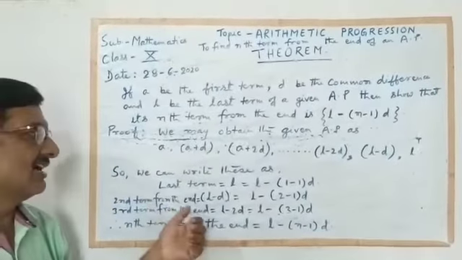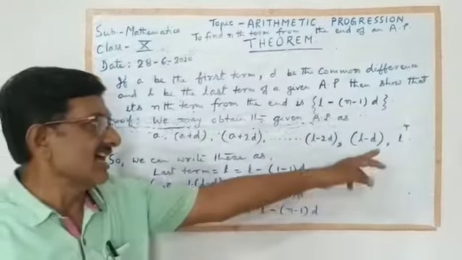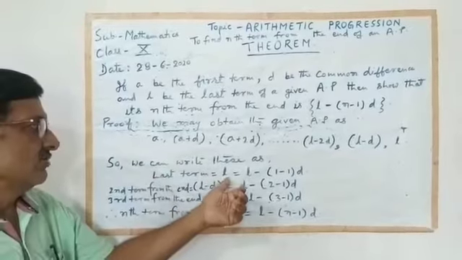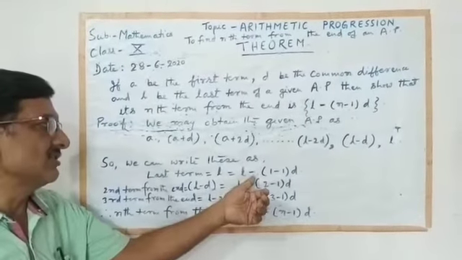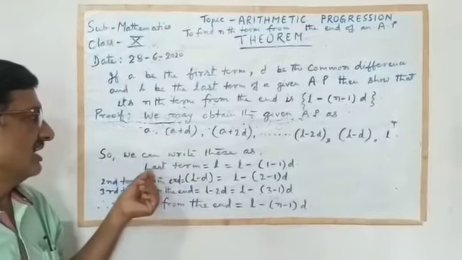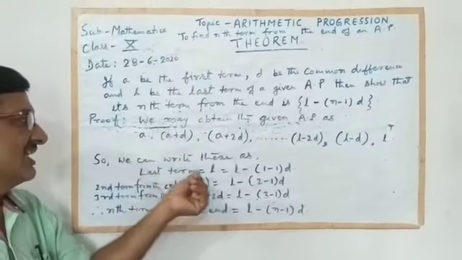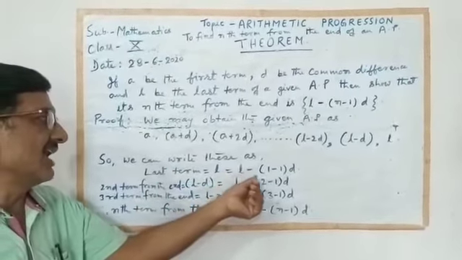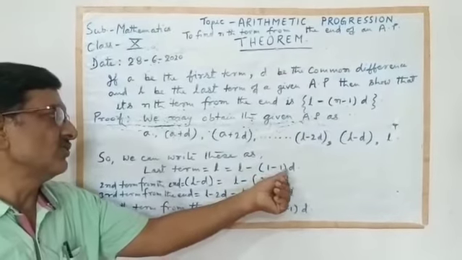So we can write the last term from the end as L minus (1 minus 1) into D.